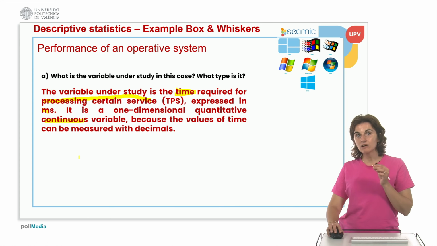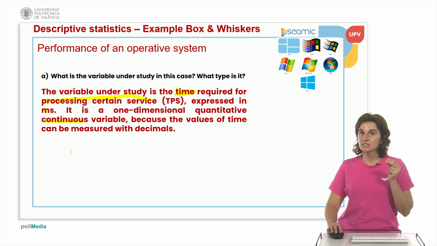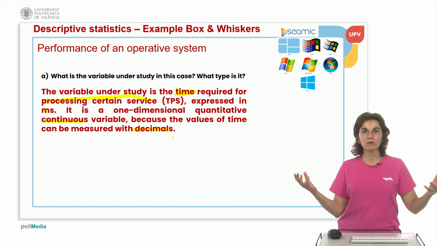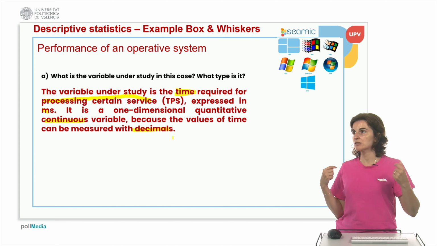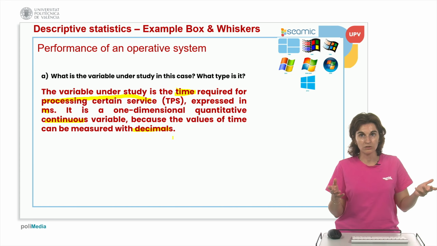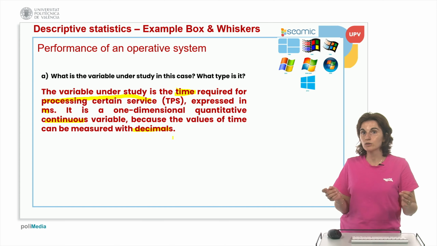This is because we can express time as a continuous number that includes decimals. It wouldn't be the case, for instance, if we were talking about the number of people using this operative system. You cannot have 1.2 persons, but here you may wait for 11.7 milliseconds.